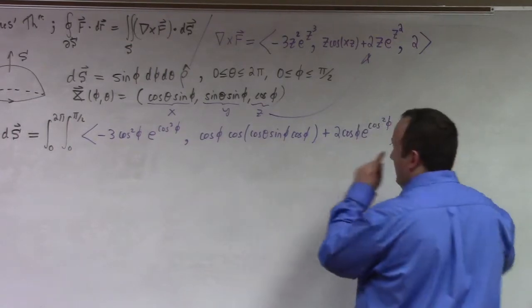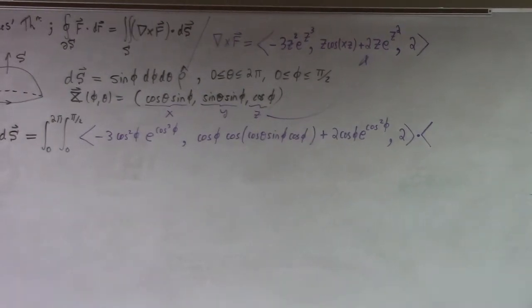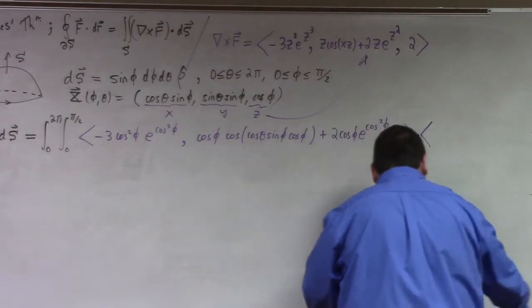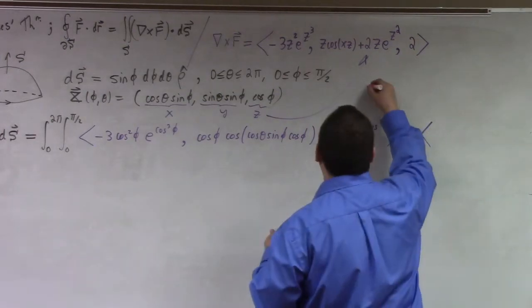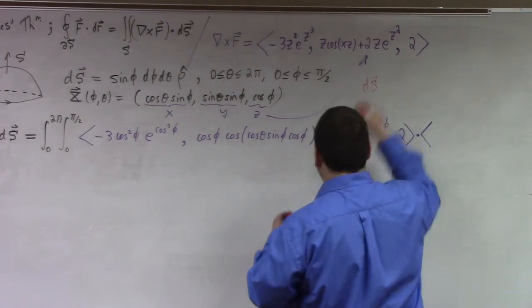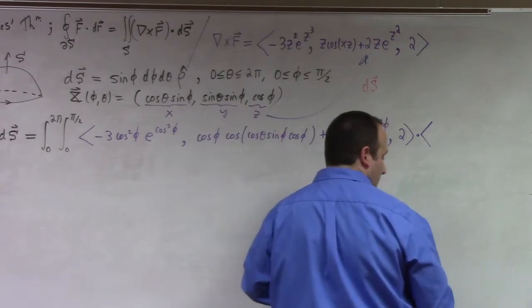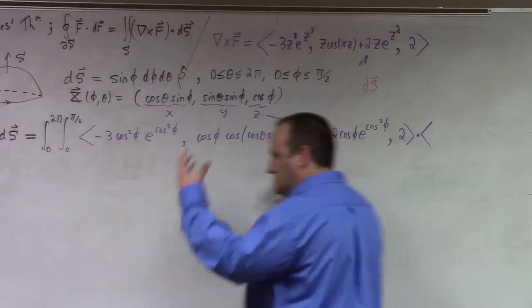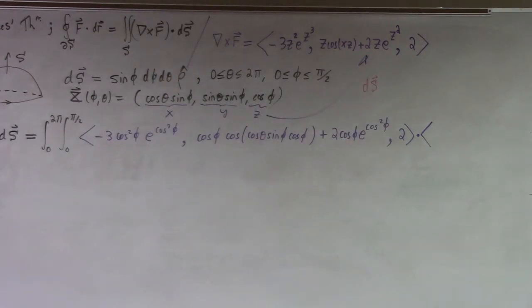And then I'm supposed to dot product with dS, right? Now that dS looks innocent enough, but if I was to write dS out in gory detail, what is dS? The devil's in the details here.